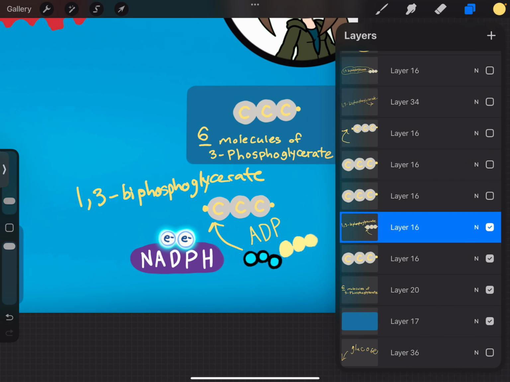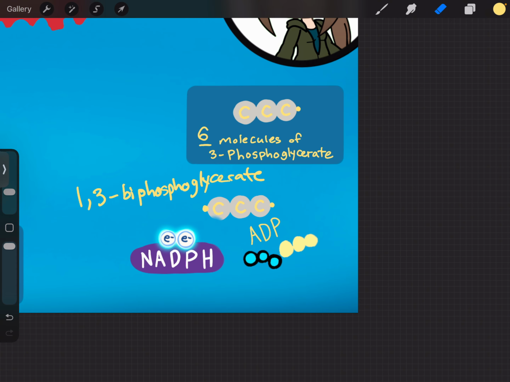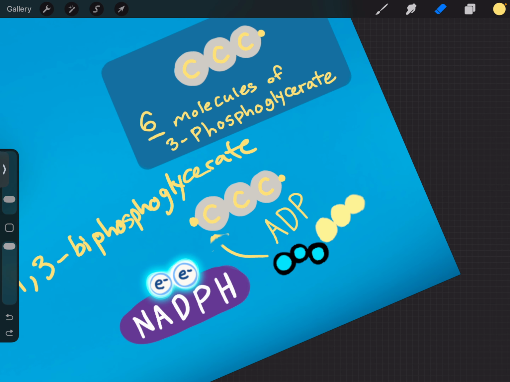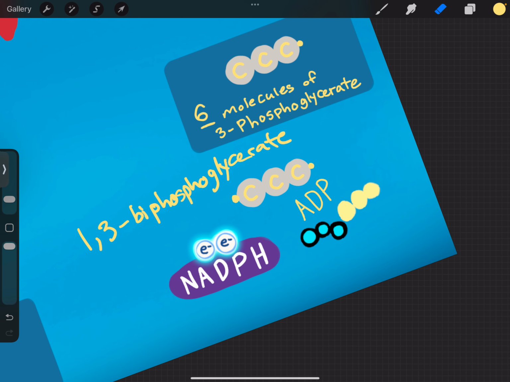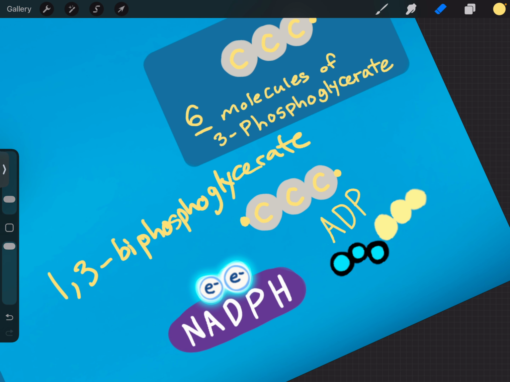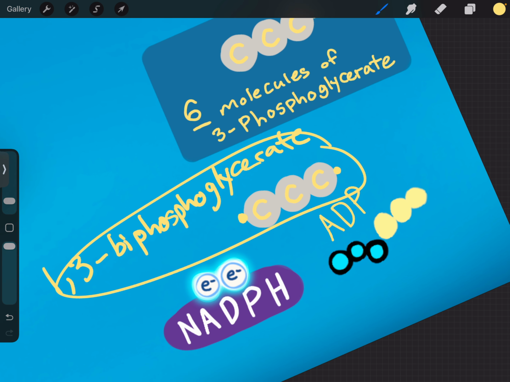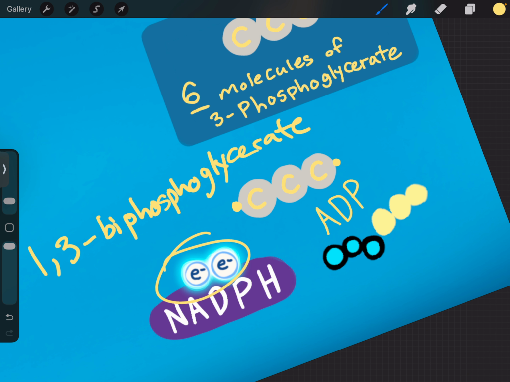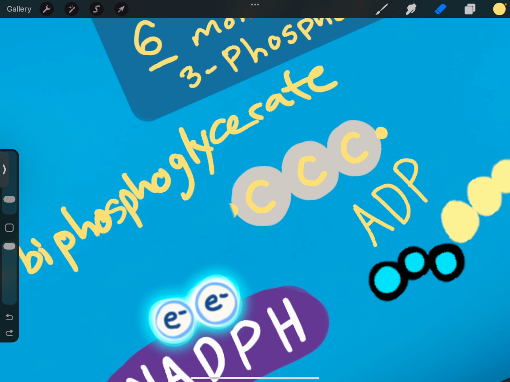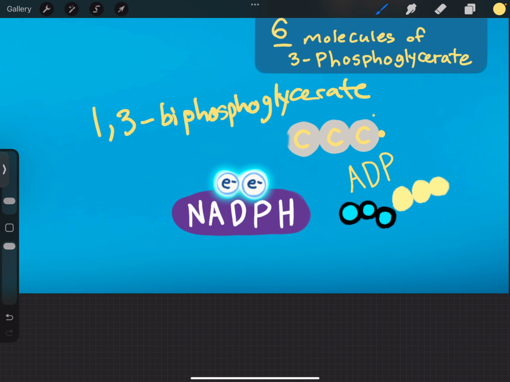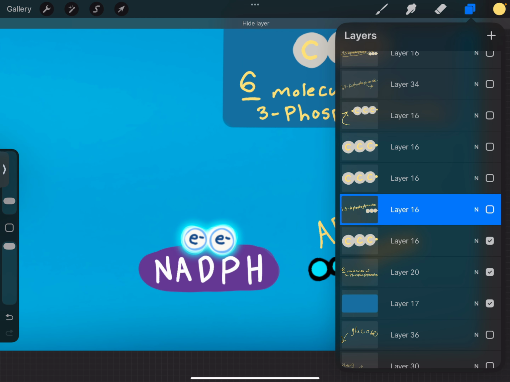Okay? And then, let me erase this. Okay, and then each molecule of this receives 2 electrons from NADPH, so these 2 electrons, and it loses one of its phosphate groups, which turns it into a 3-carbon sugar called glyceraldehyde 3-phosphate, or G3P.